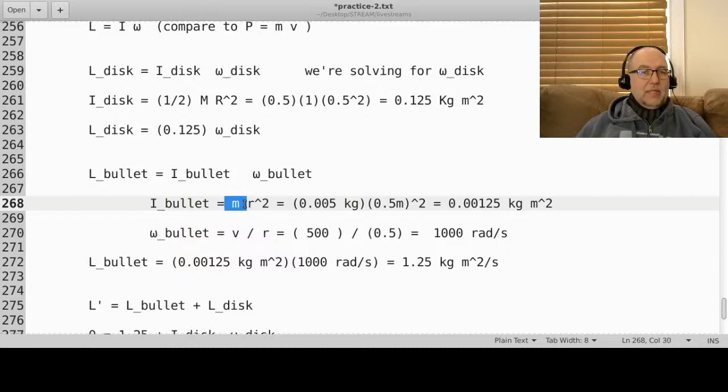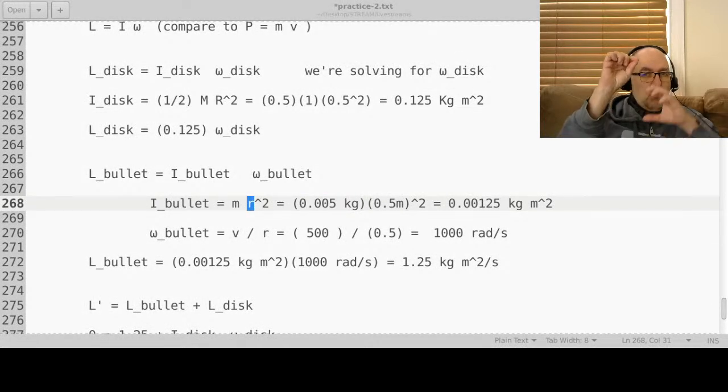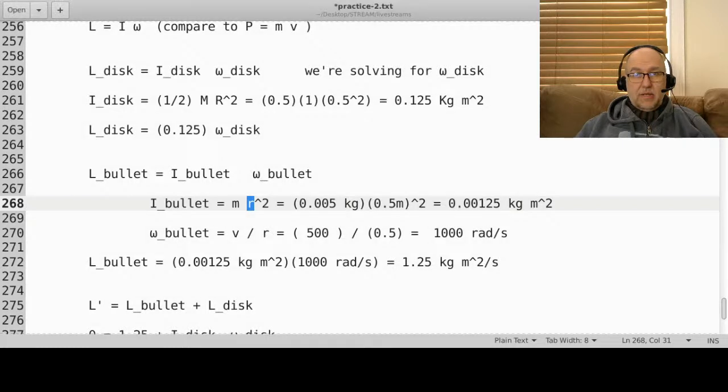M is the mass of the bullet, and that was 5 grams or 0.005 kilograms. And the radius here is, we're looking at that instant where it's still at the edge of the disc. So the radius from the axis to the bullet is half a meter, 0.5 meters, and that turns out to be that value right there.